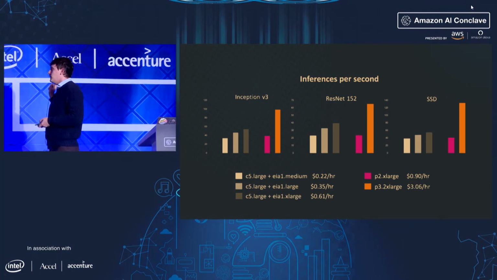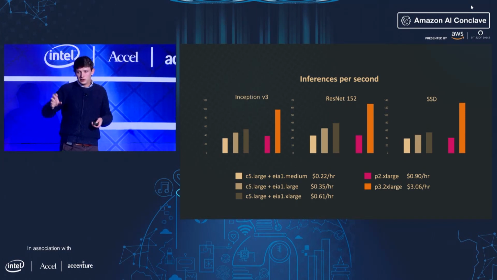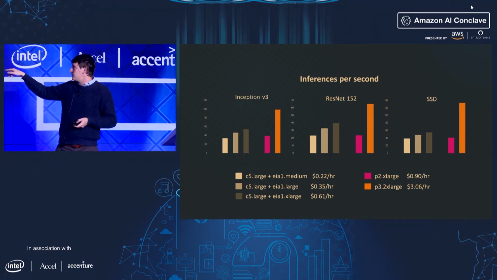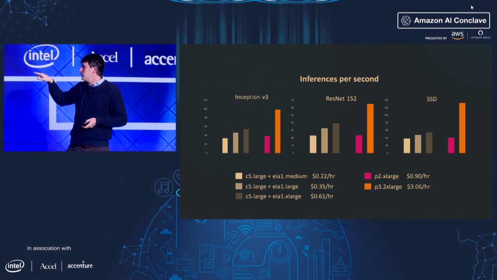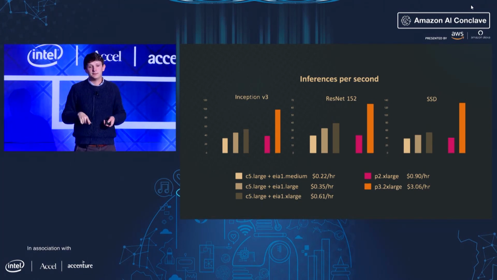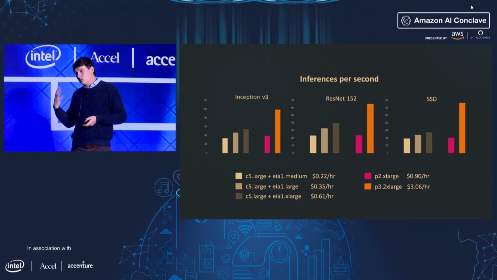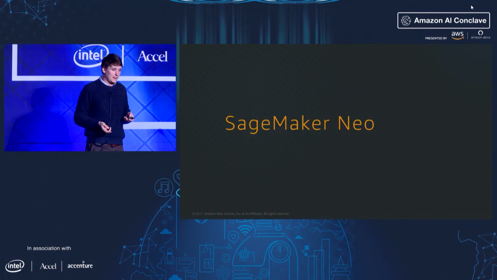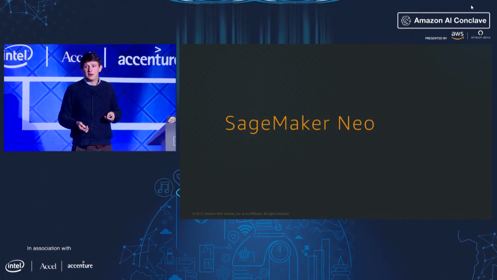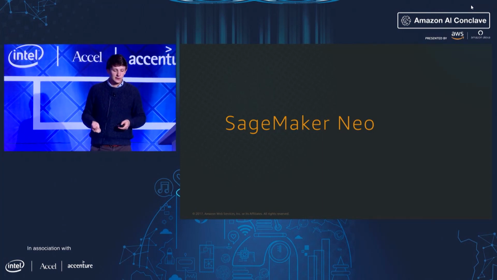But if you do a C5 plus a small accelerator, you get about the same latency and the same number of images per second for a quarter of the price. So for people who deploy a lot of deep learning models in production, that can be a very, very cost-effective solution. So that's for inference. That's how you can get elastic hardware for your models.